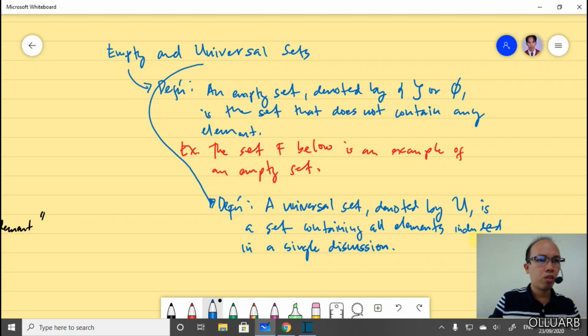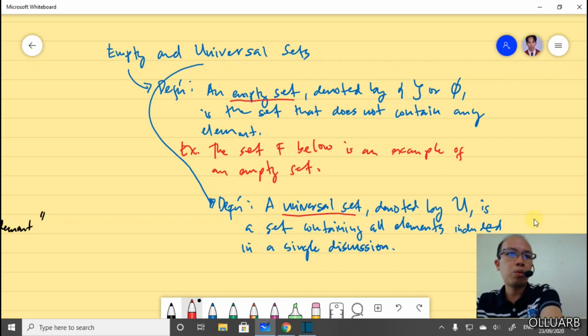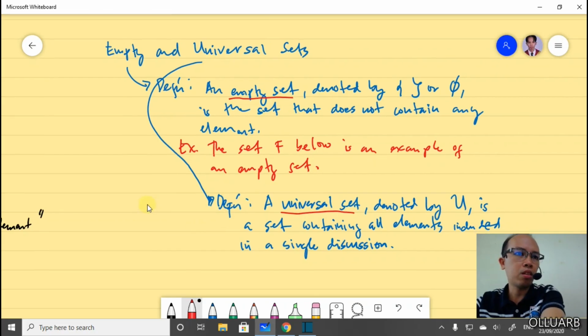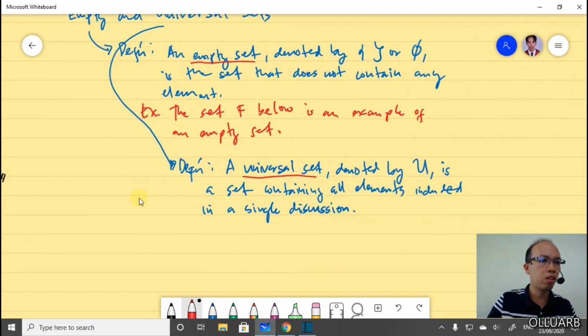So what do we mean by a universal set? Let's have an example here.